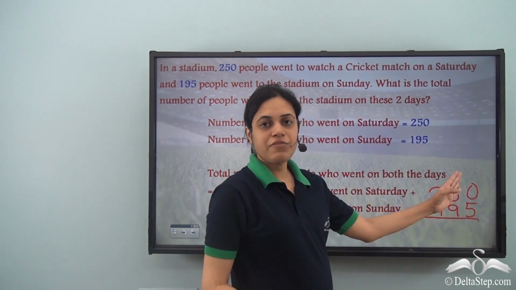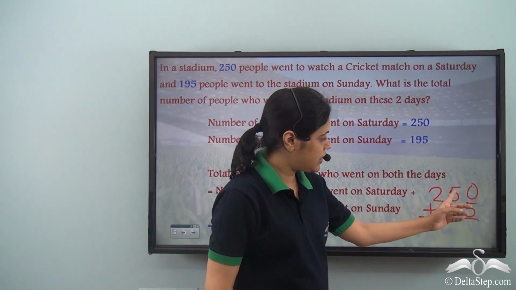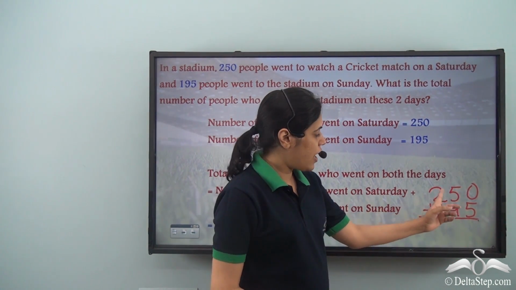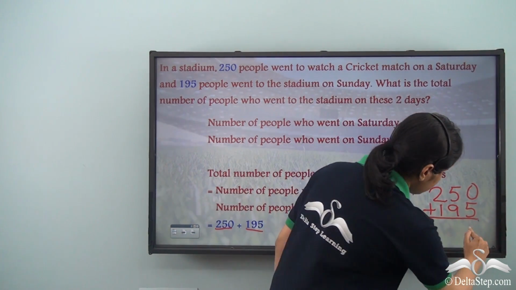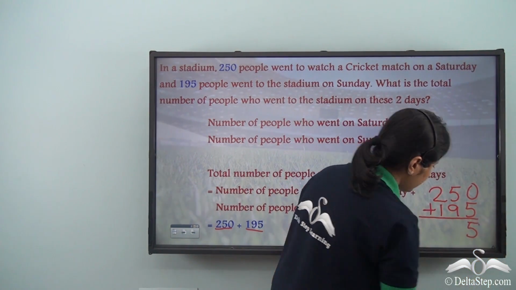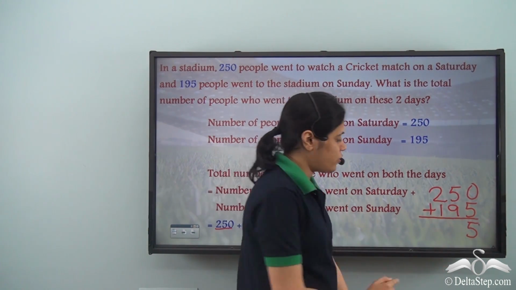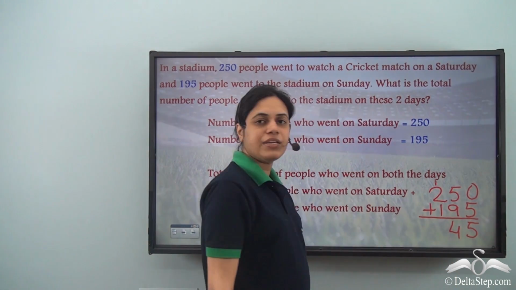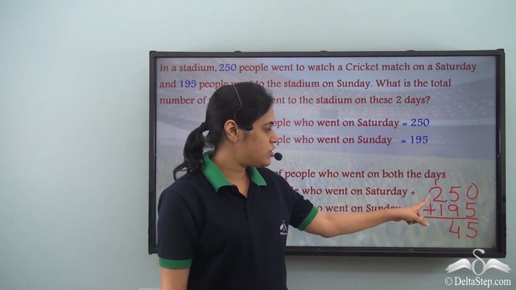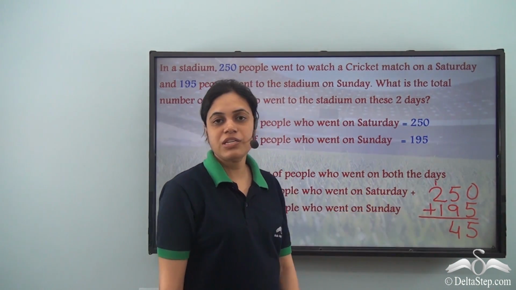Now I need to add the ones digit with the ones digit, tens digit with the tens digit, hundreds digit with the hundreds digit. So 0 plus 5 is 5. 5 plus 9 is 14. So I write 4 here and 1 is carried. 1 plus 2 is 3 and 3 plus 1 is 4.